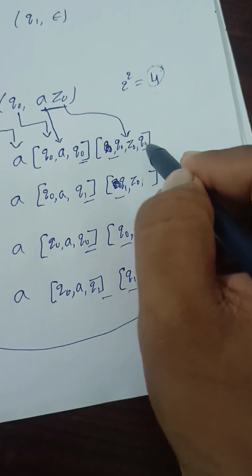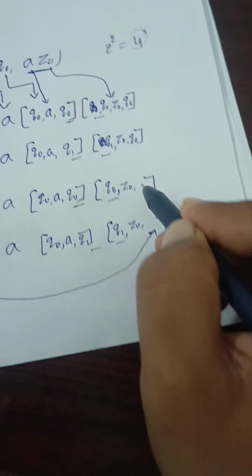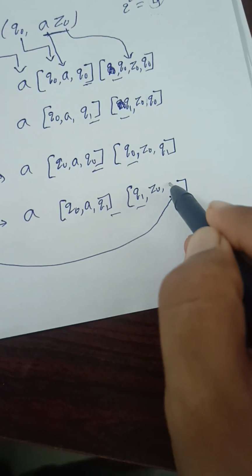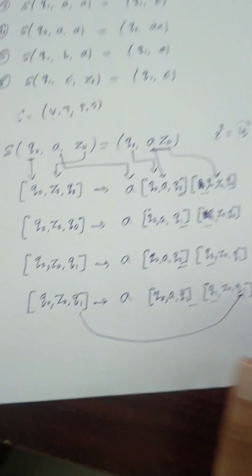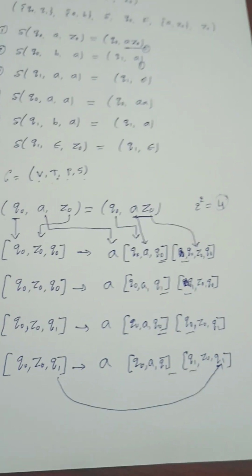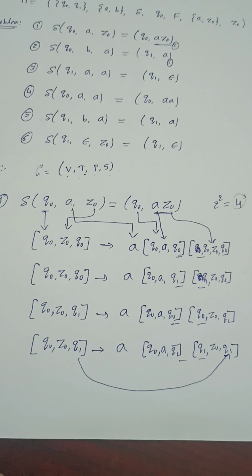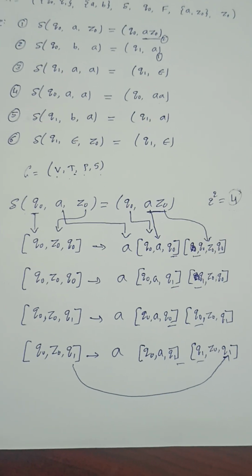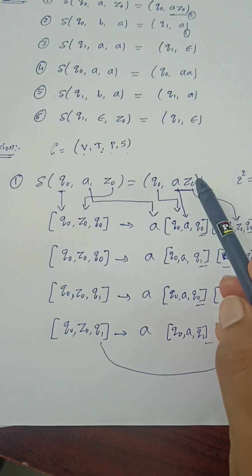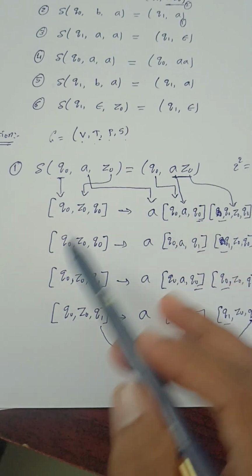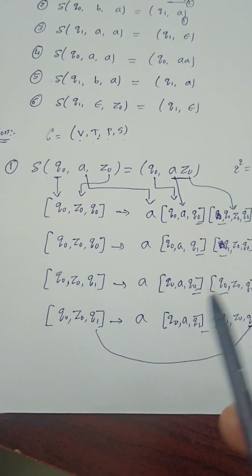So q naught, q naught, q1, q1. This is the process. It's very simple, but some complication is also there. With the help of this transition function we will get the 4 production rules.